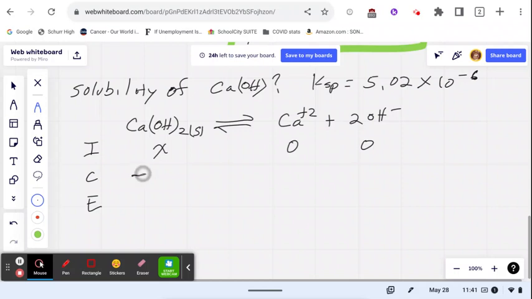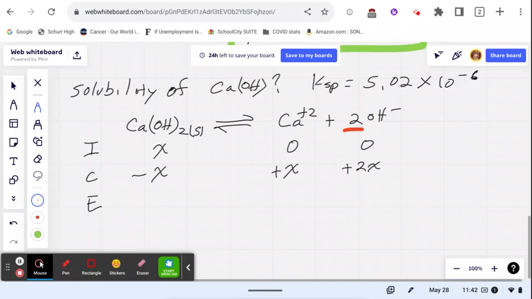All the calcium hydroxide is going to react. It's all going to be gone. And for every X moles per liter of calcium hydroxide you get X moles per liter of calcium, and you get 2X moles per liter of hydroxide, right? Because of the 2 here, we get twice as much. So 2x for that.